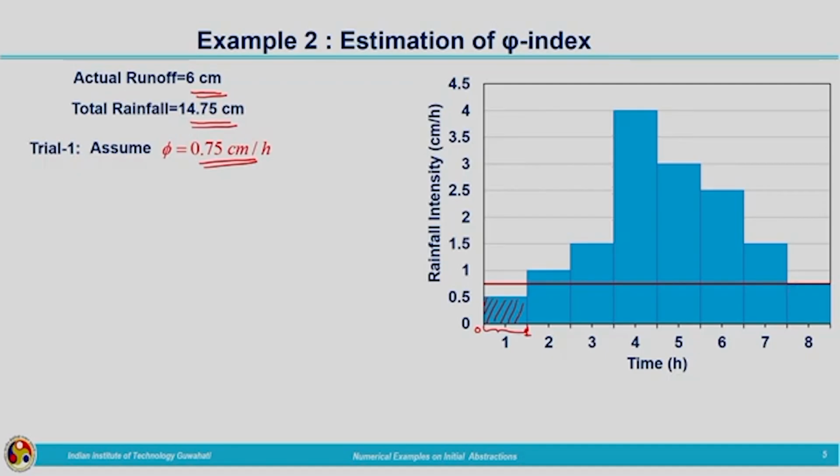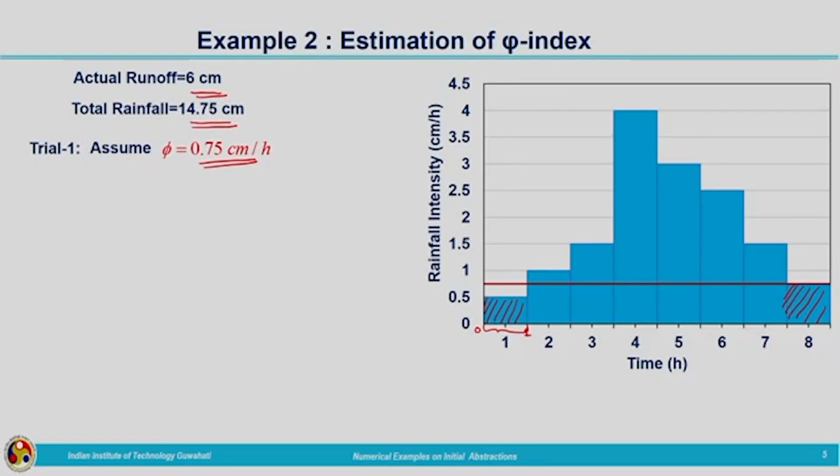Also the last ordinate, that is corresponding to 7 hours to 8 hours, the rainfall in that time interval is also lost as infiltration or abstraction. So, whatever comes above will be taken as the runoff depth.